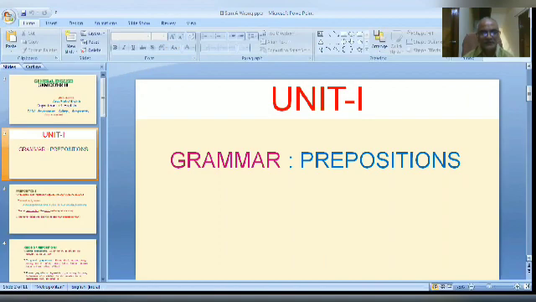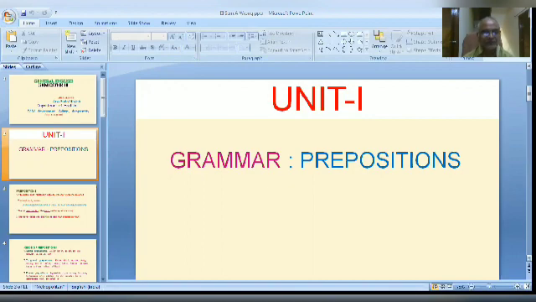After that, the third part in unit number 1 comes under the vocabulary section, in which synonyms and antonyms are introduced, and some related exercises are also given in the syllabus. After that, this is the last section in the syllabus given in unit number 1.